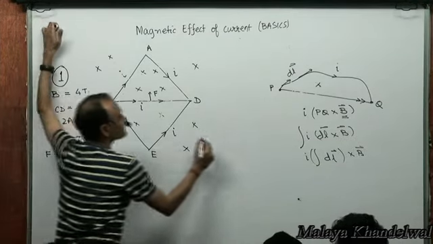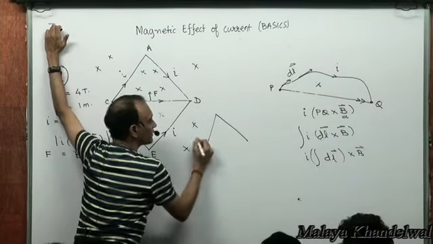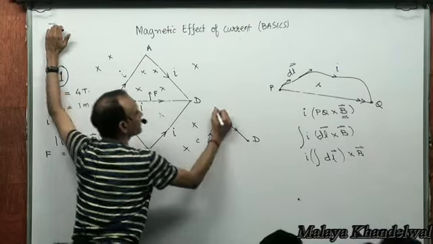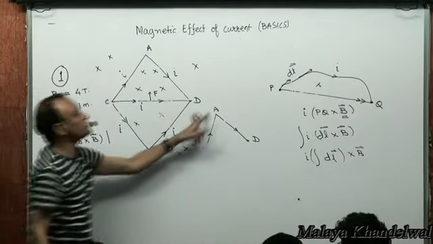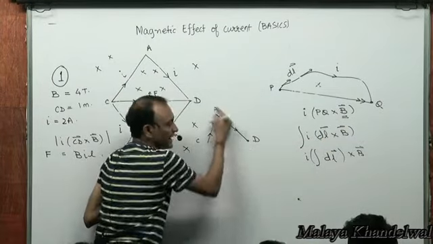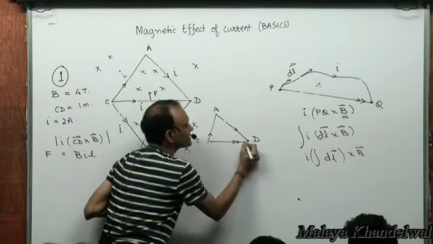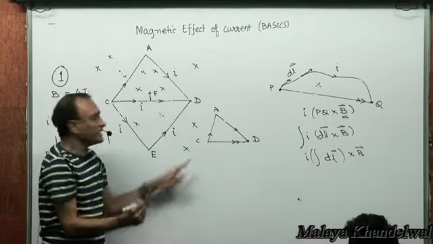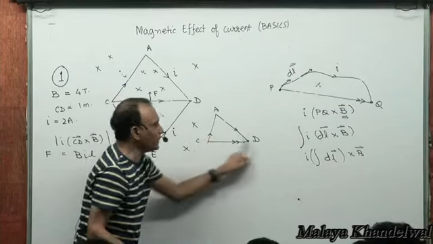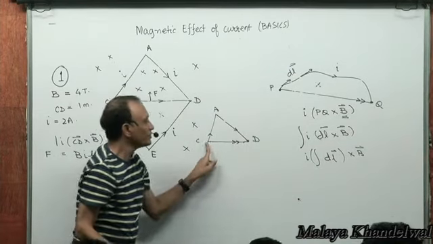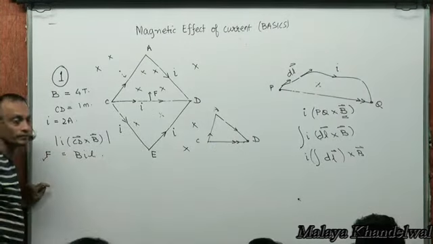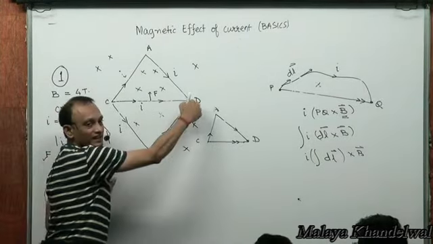Now, if you look at CAD, the force acting on CAD is the same as the force acting on CD. It does not depend on the shape. It will only depend on CD. And look at CED.